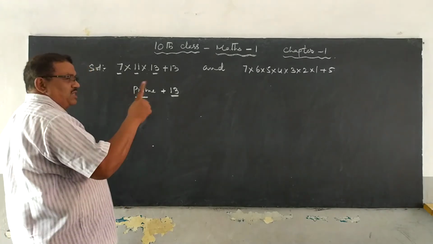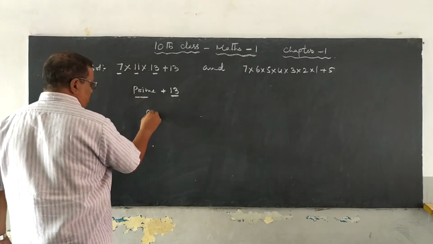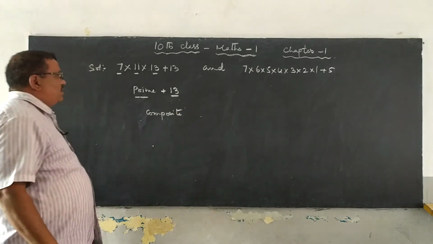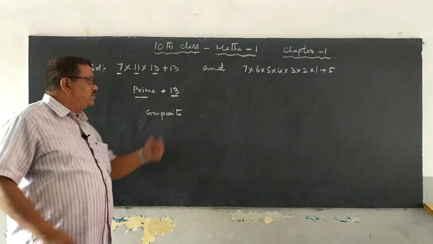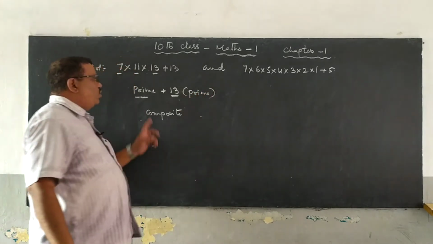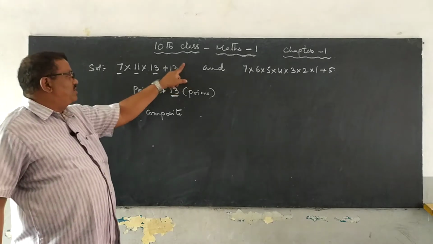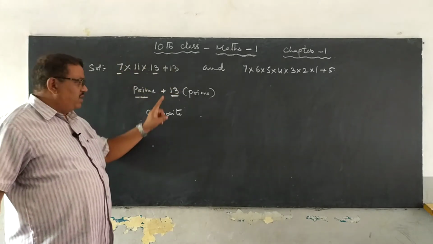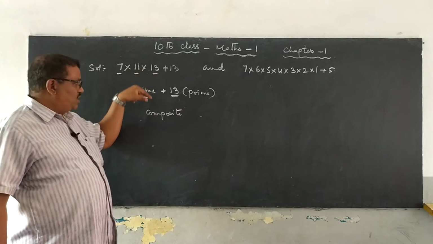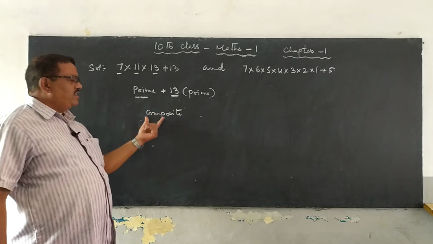For example, 3 plus 5 is 8. So prime plus prime gives a composite number. The sum of two primes is also composite. So the expansion of this entire number is composite. Like this we have to do.